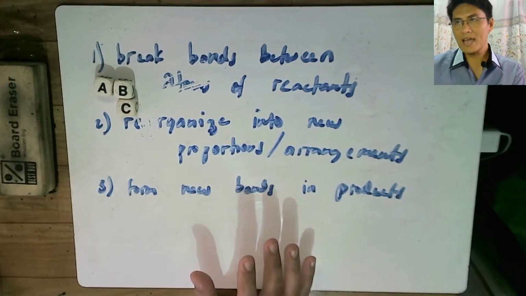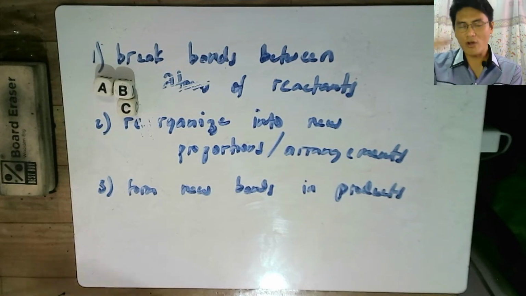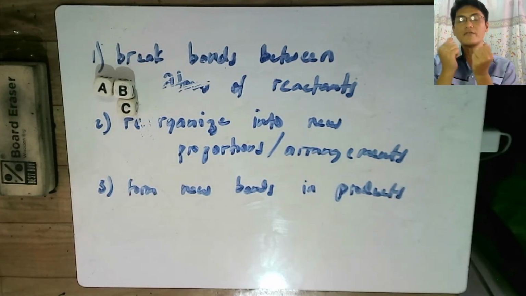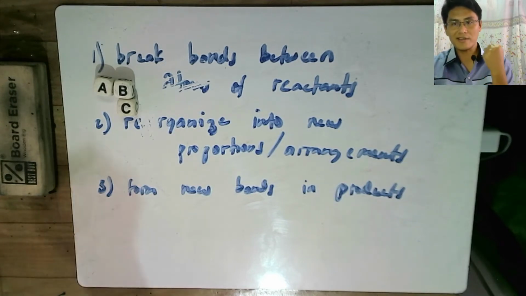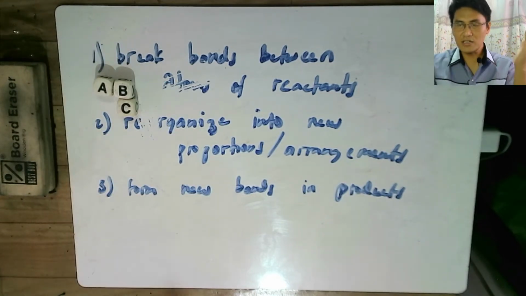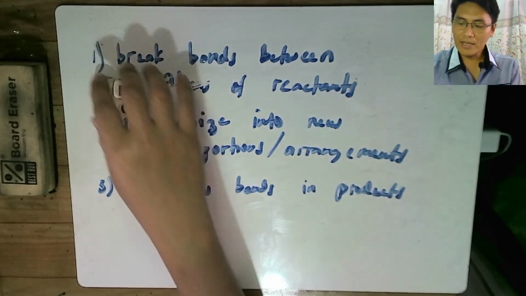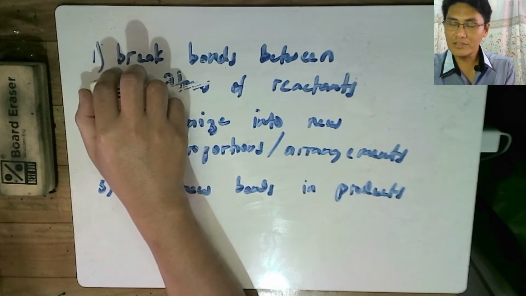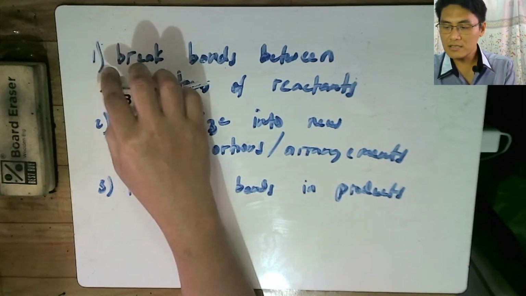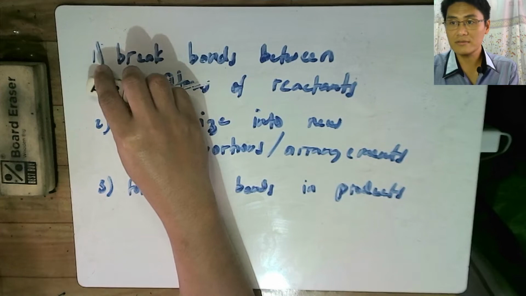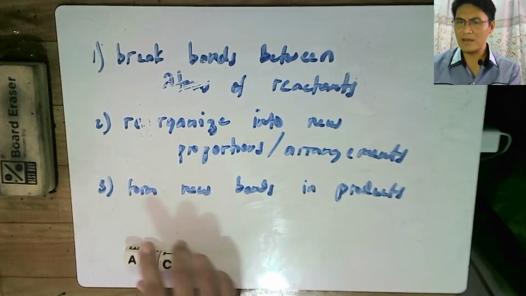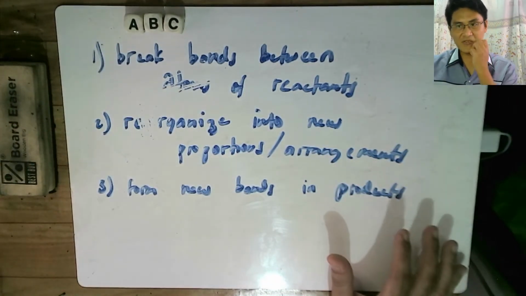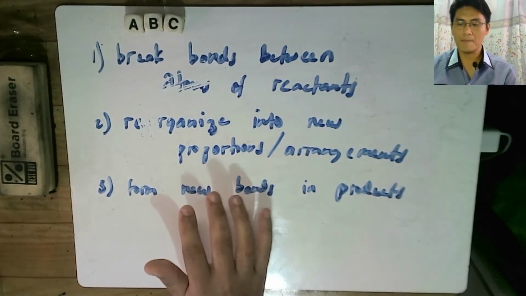But again, if you want to organize thoughts in your head, it's better to say, okay, the reactants must first break their bonds, then rearrange, and then form new bonds, because it's easier to understand. But deep inside, you have to internalize that these things might happen simultaneously. Still, there's a benefit to remembering them in a sequential manner, even if in reality they happen at the same time, right?